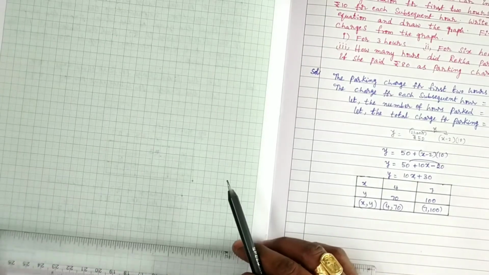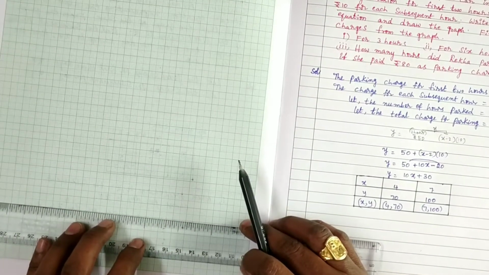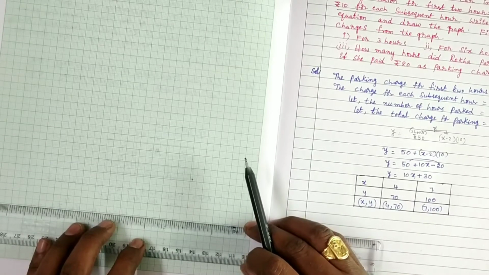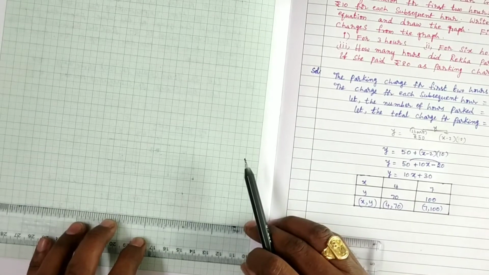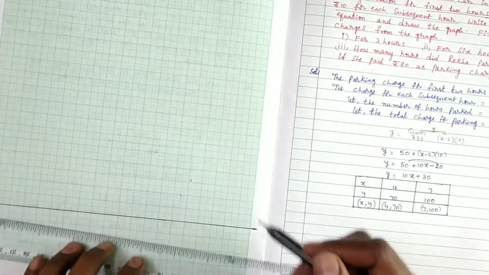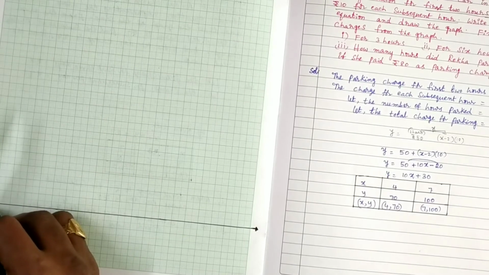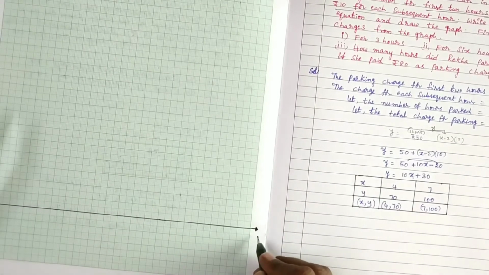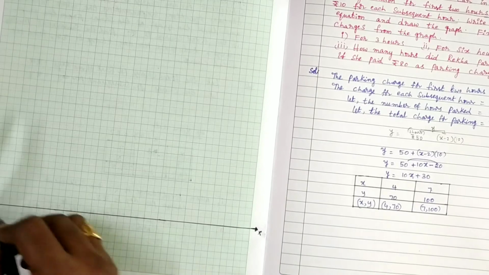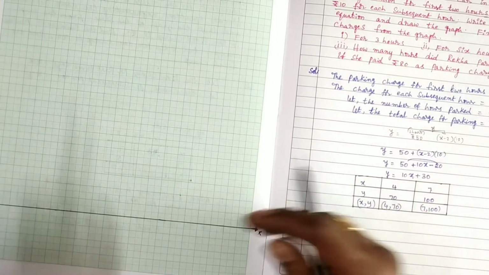So leave 3 or 4 lines from down, take x-axis as a dark line. X dash.